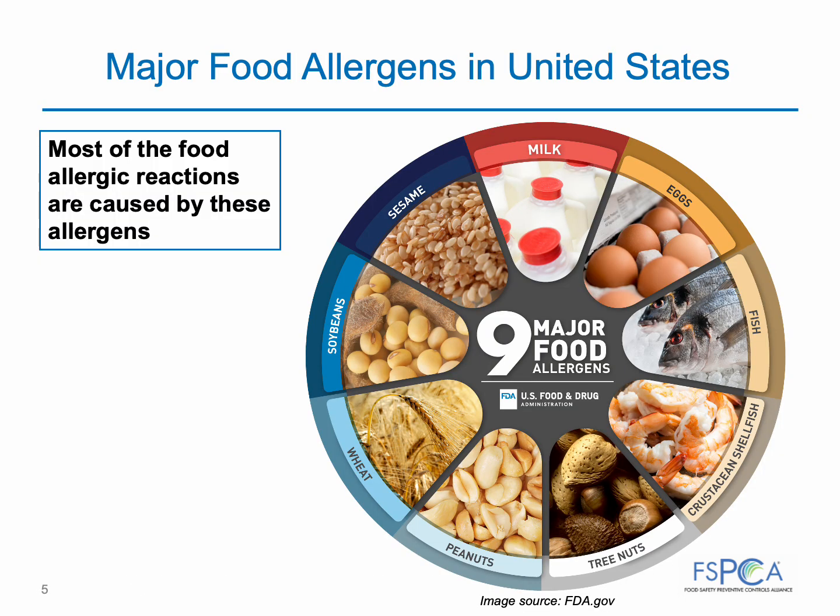As discussed in Chapter 4, most of the food allergic reactions in the United States are caused by tree nuts, peanut, fish, milk, eggs, crustacean shellfish, wheat, soy, and sesame. Sesame has been added as the 9th major food allergen, requiring labeling as of 2023.